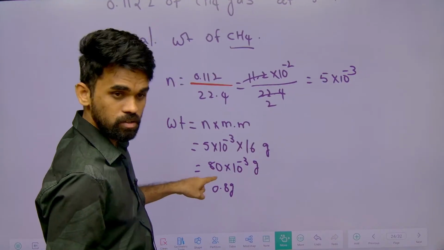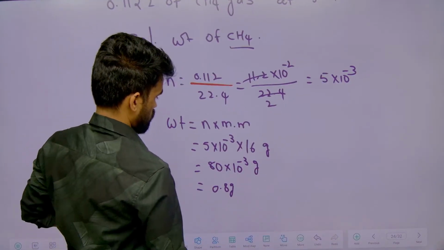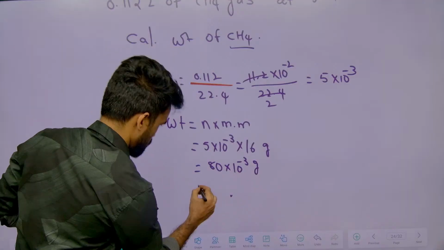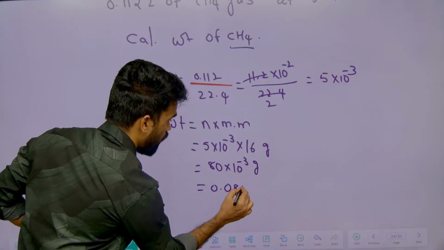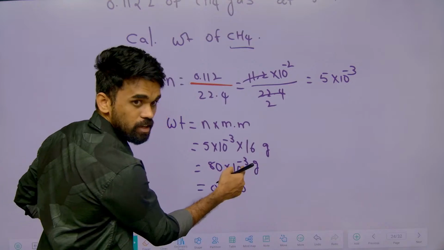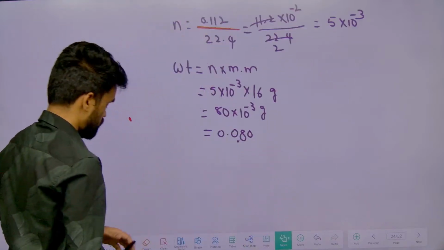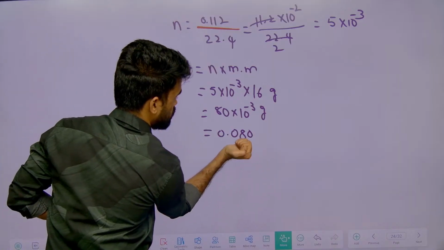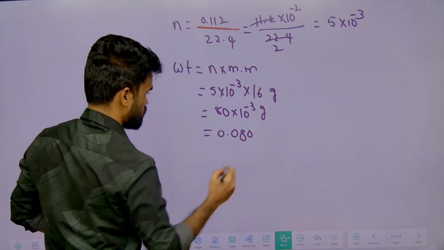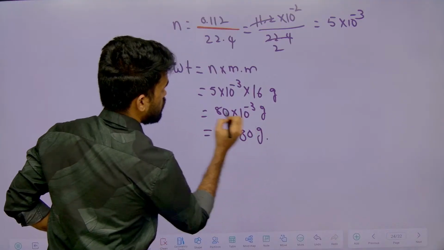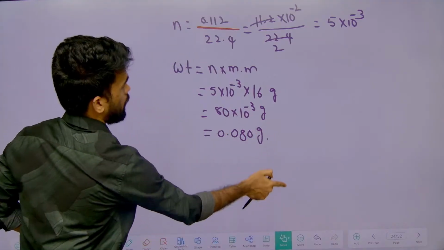This one? Yeah. 0.08. How many decimals are there here? 3, na? So 3. That's it. Yeah. Next. This many grams.